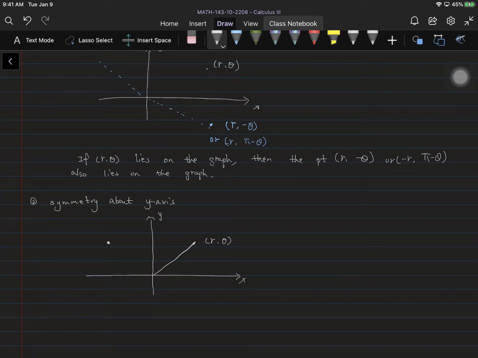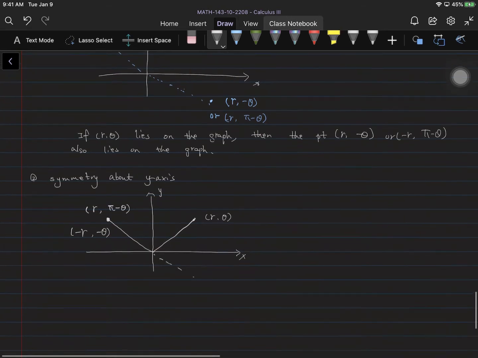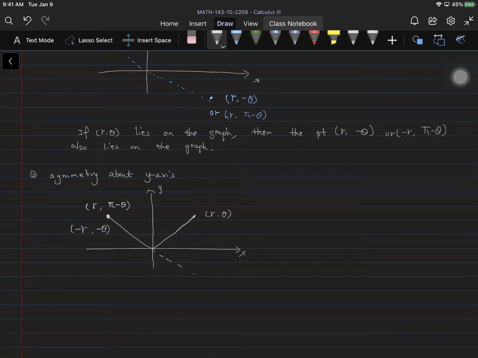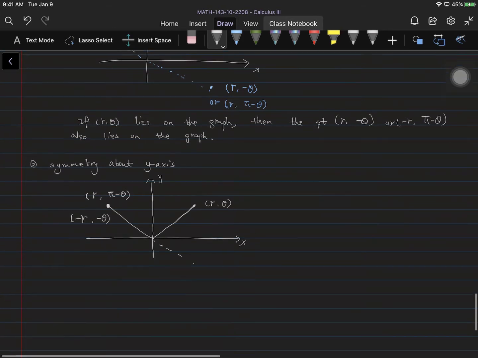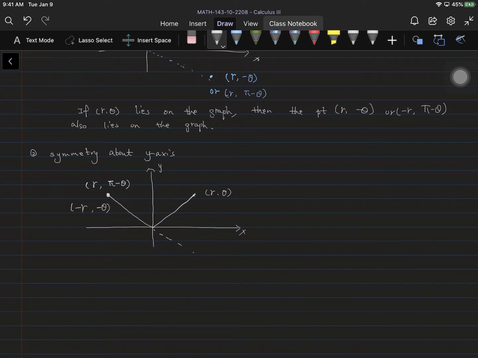The coordinate for that point should be (r, pi minus theta), which is the angle. And we can also use negative theta as the angle, with negative r going back. So that means if (r, theta) is on the graph, then (r, pi minus theta) and (negative r, negative theta) are also on the graph.